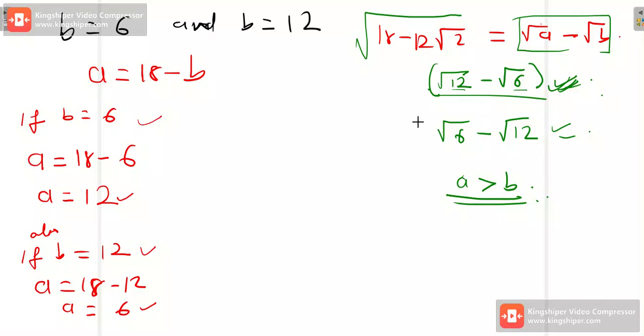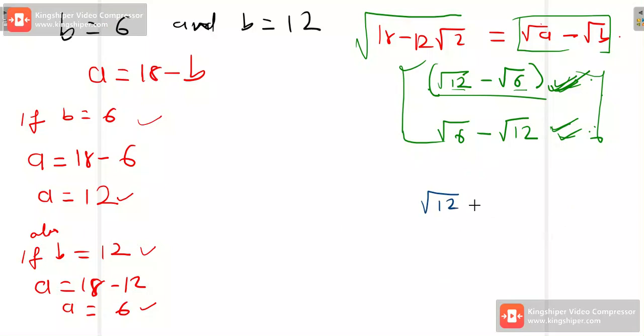But because the question didn't specify that we should find the positive square root, it means that when we get to this point, there are two answers to it. So you can have this answer or you can have this answer. These are the two solutions. If you want to write it as just a single solution, then you only write one: root of 12 minus root of 6.